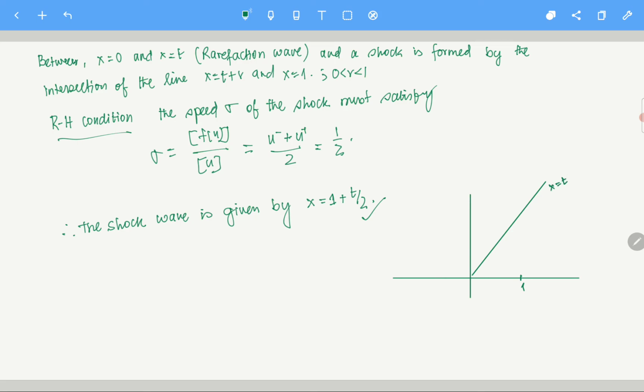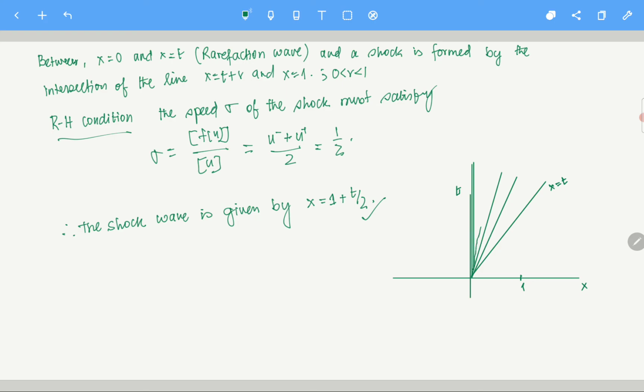Okay, x equals t, and so basically this is your x, this is your t. What is the value of u? Let's just draw some curves here. This went the other way.